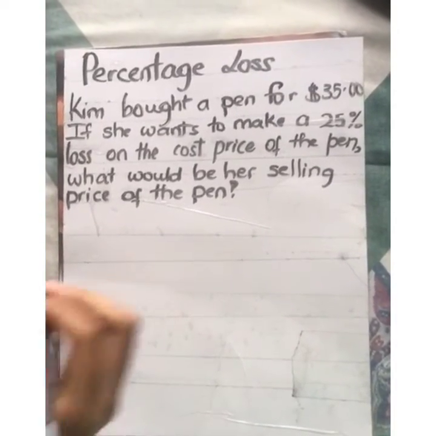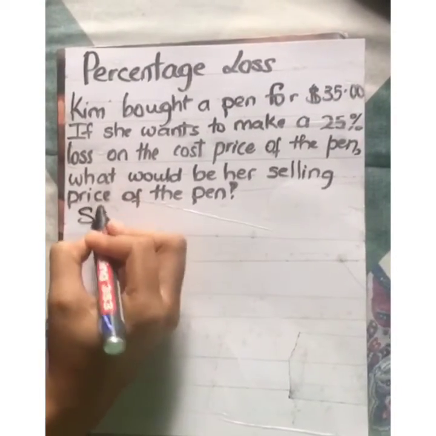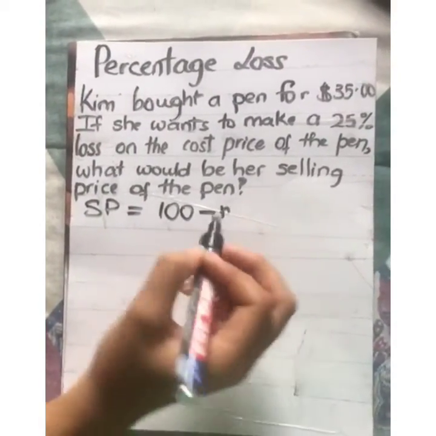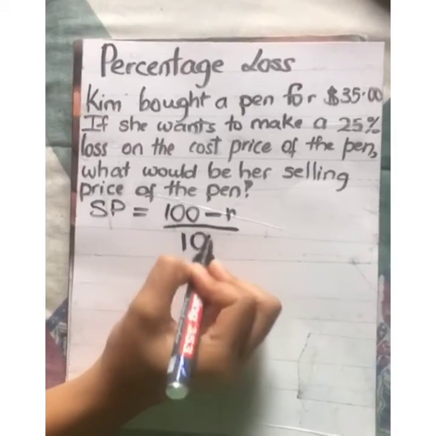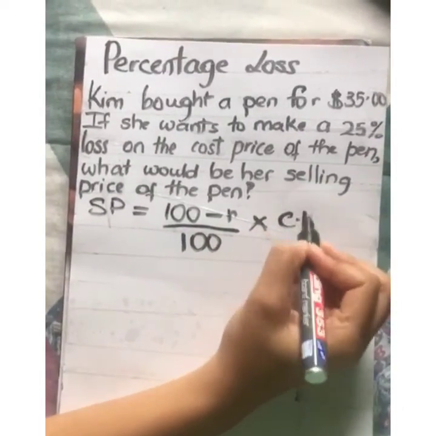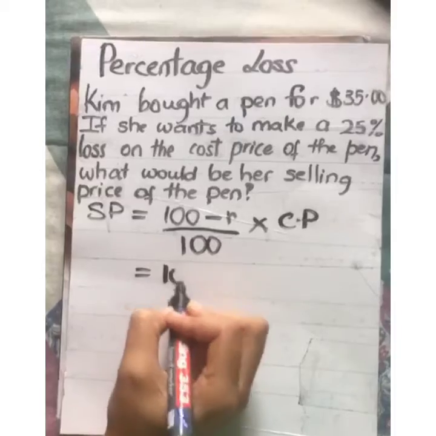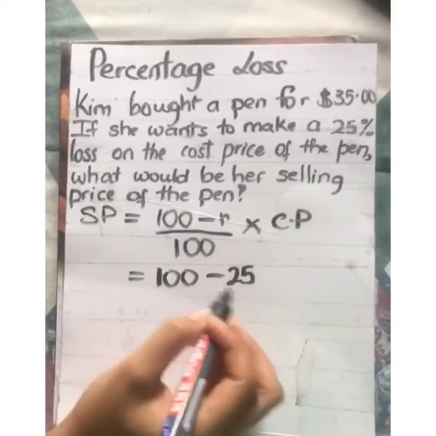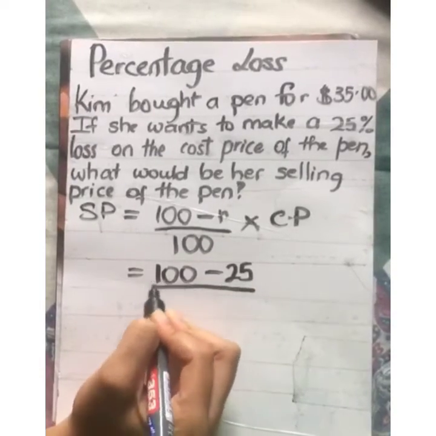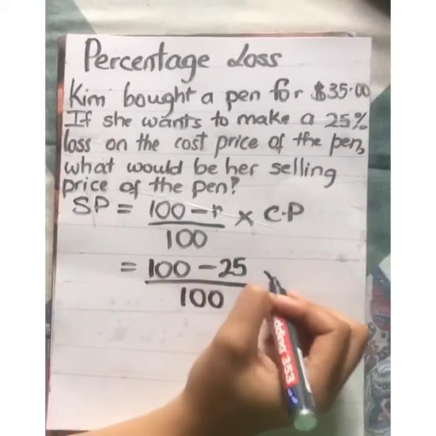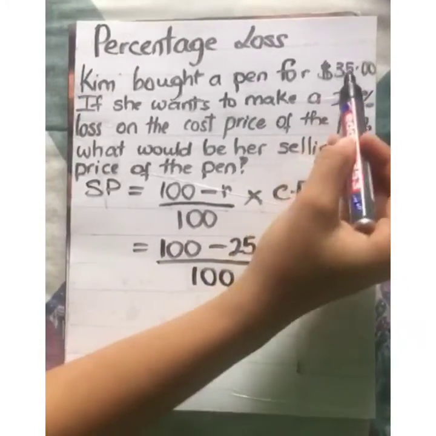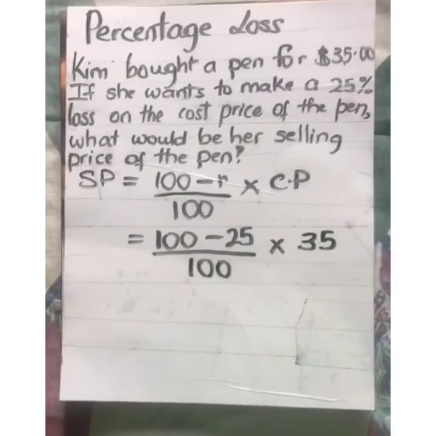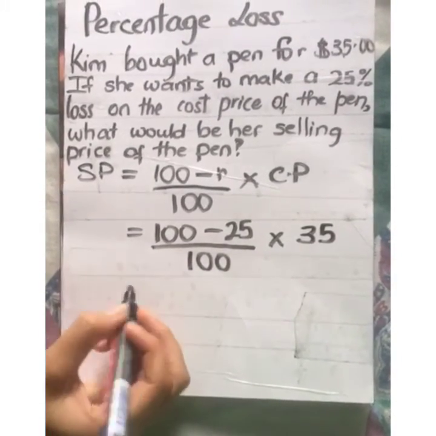So you're going to use the formula, selling price is equal to 100 minus R divided by 100 times the cost price. R in this case would be the 25%, which is the loss. That's why we have the subtraction there. We divide it by 100 and times it by the cost price, which in this case is 35. Remember, the cost price is the amount that the person purchased the item for before selling it.